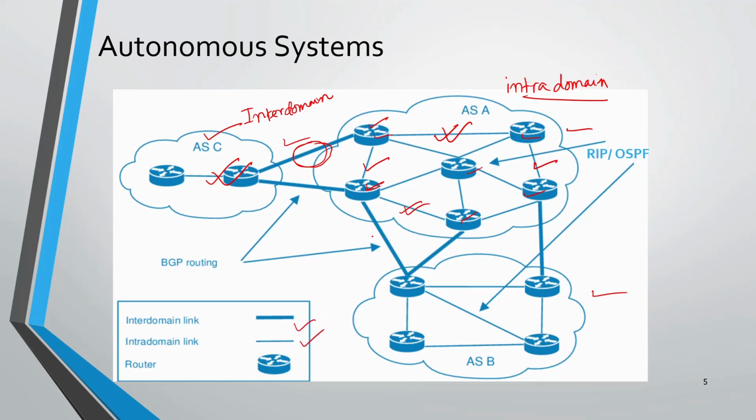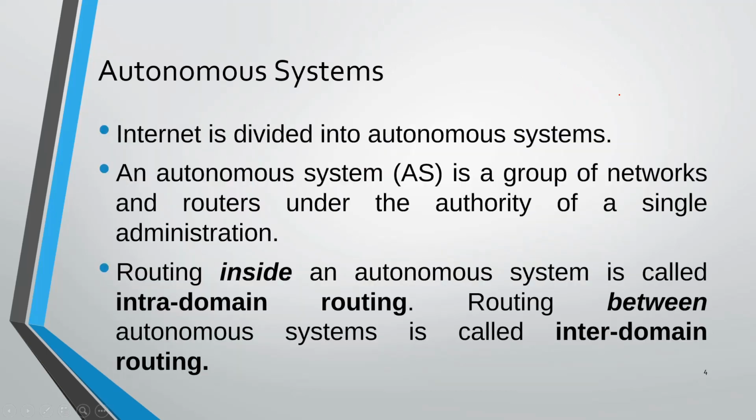Basically we will cover the routing under one autonomous system, which is called intra-domain routing. So an autonomous system is a group of networks and routers under the authority of a single administration or single router. This is the important part. We will cover only the routing inside an autonomous system, which is called intra-domain routing.